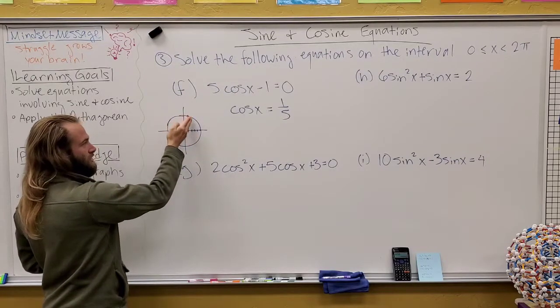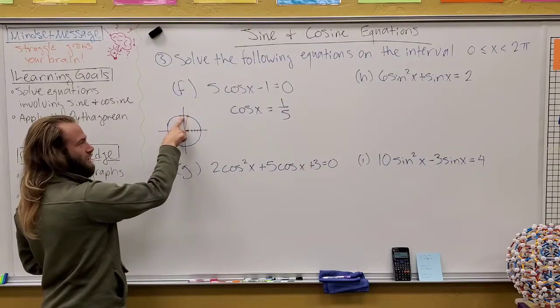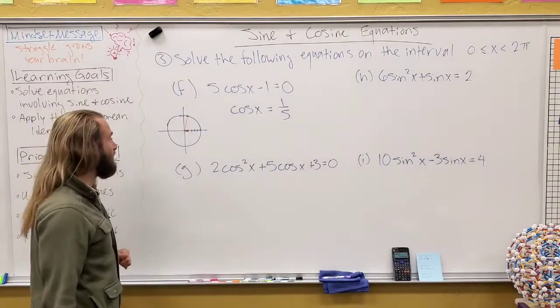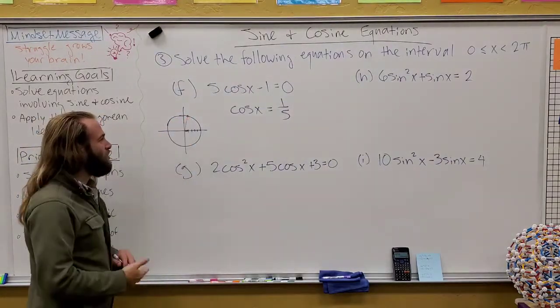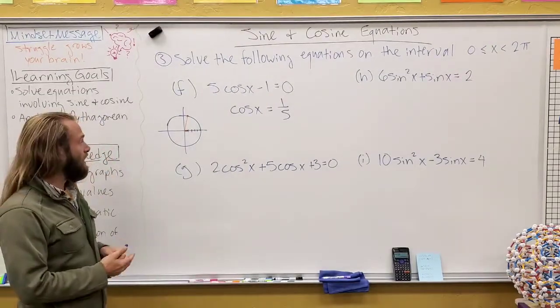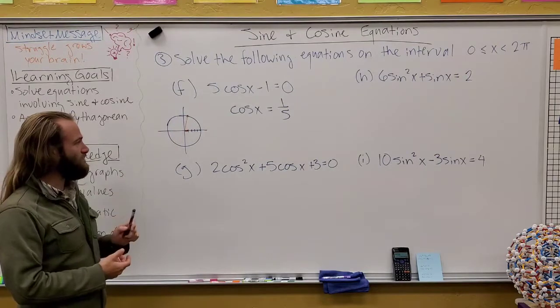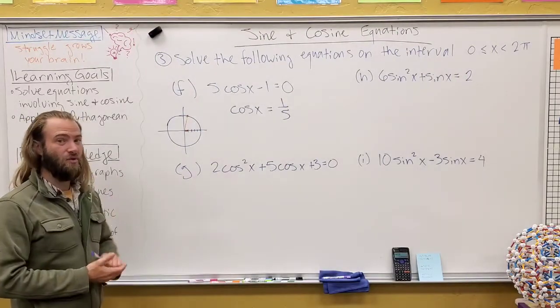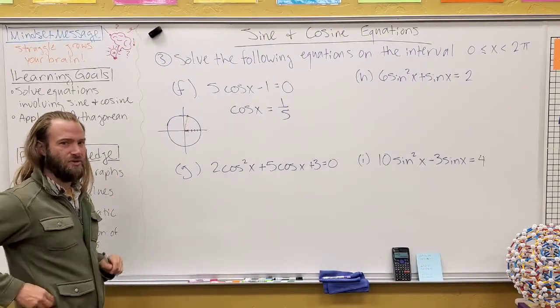It's not quite at pi over 2, because that's where cosine is 0 up here. So why don't you go ahead and pause and find the solutions. Remember there's two solutions, and the other one's not going to be in this quadrant because it's cosine, it's going to be in a different quadrant. Take a stab at this yourself and then we'll do it together.